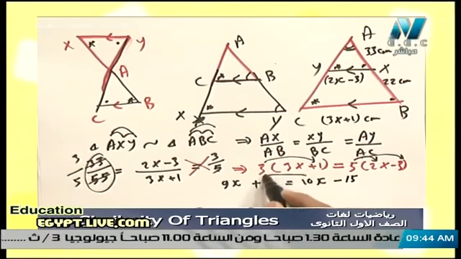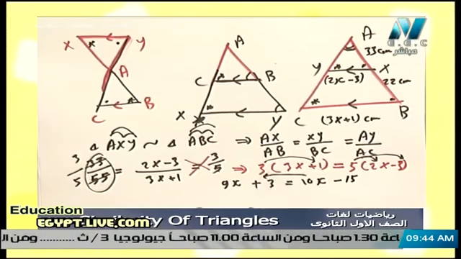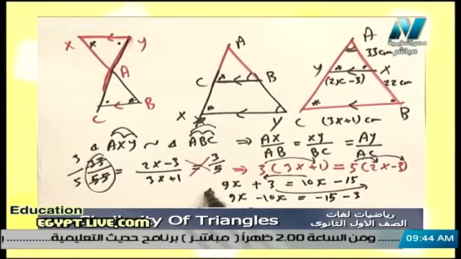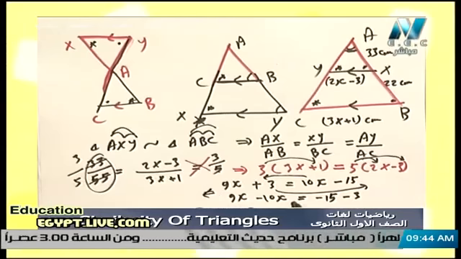And we will transfer 10x to be negative, and 3 will be negative also. So here 9x minus 10x equals negative 15 minus 3. 9x minus 10x equal negative x, and negative 15 minus 3 equal negative 18.